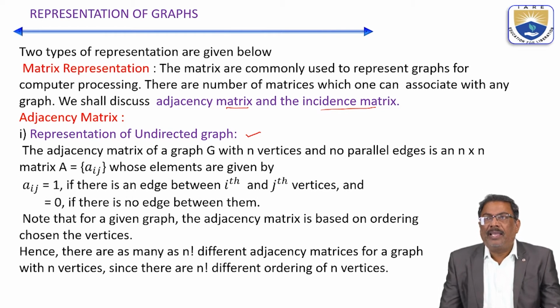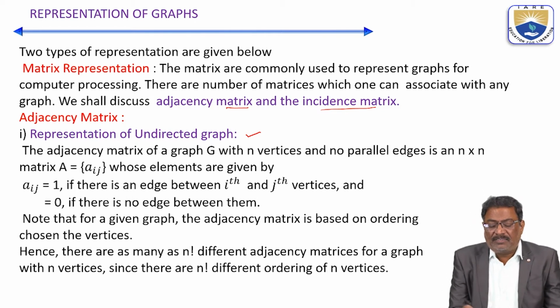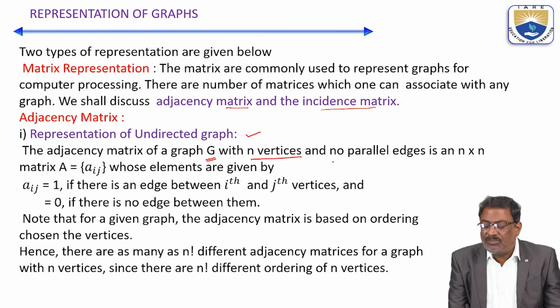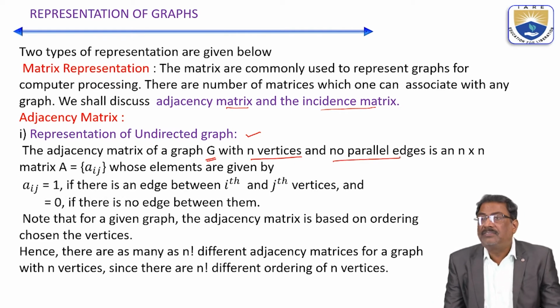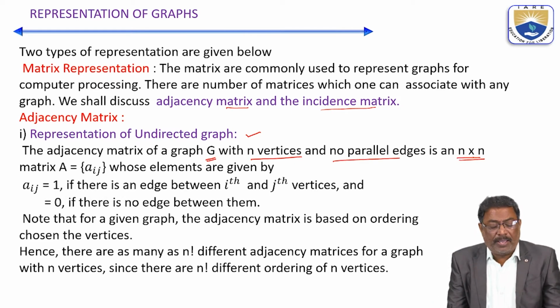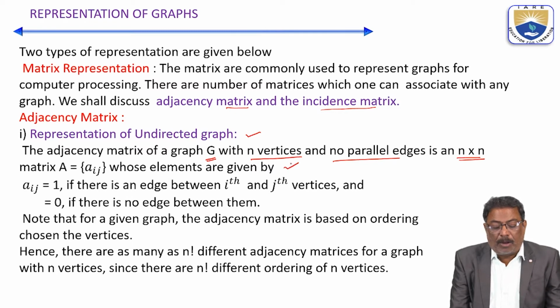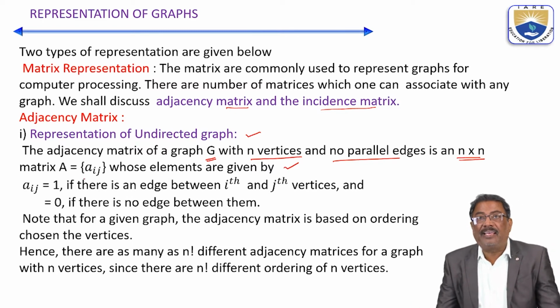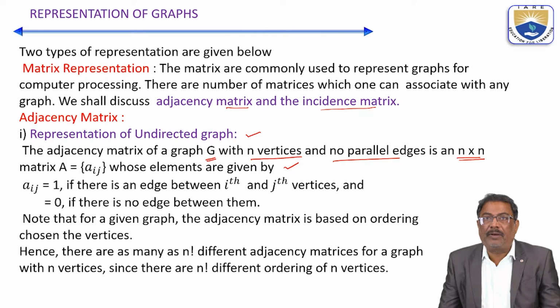Here, any graph is given. The adjacency matrix of the graph G, which has n vertices and no parallel edges, is an n by n matrix which can be obtained like this. A is a matrix of n by n.